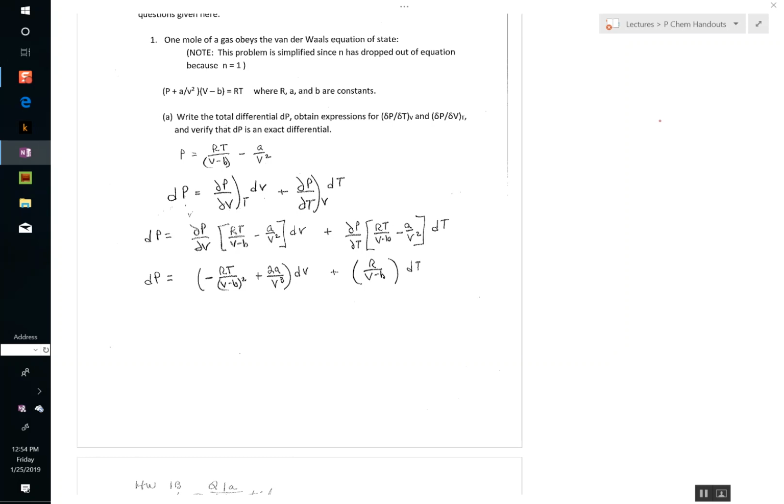Okay, now I got 2 things here. So, all we're doing is the partial p with respect to v at constant T. So you take that whole thing and do that.